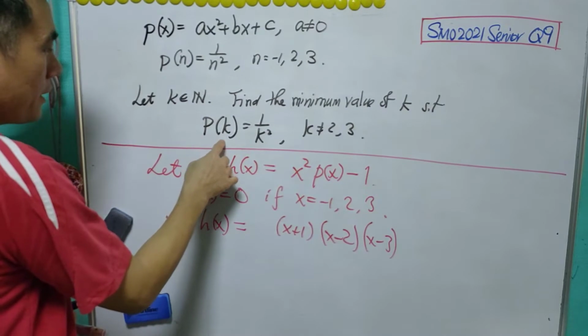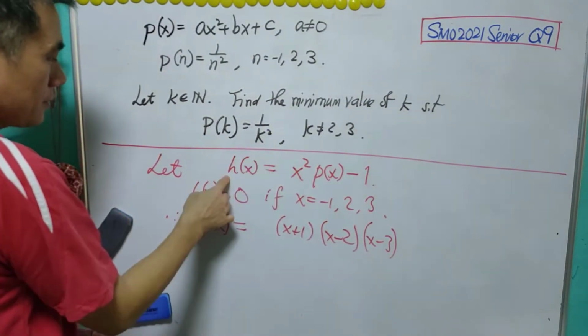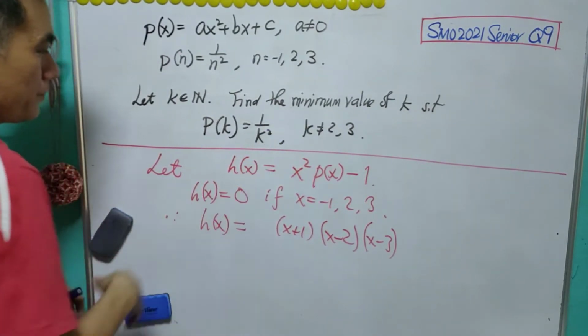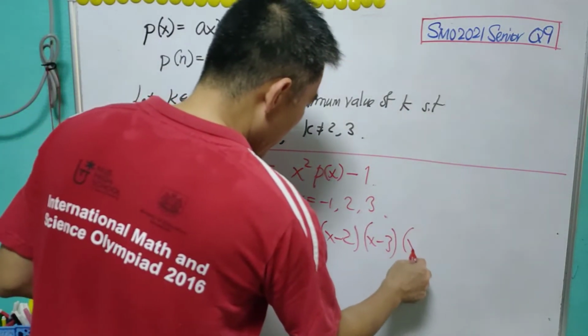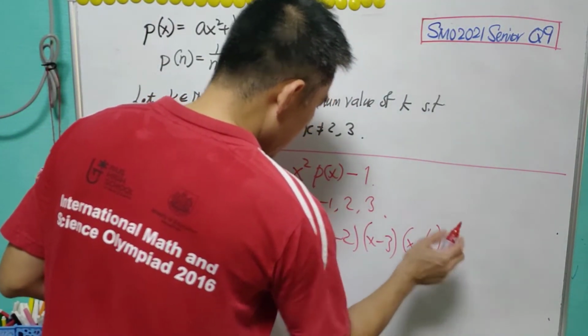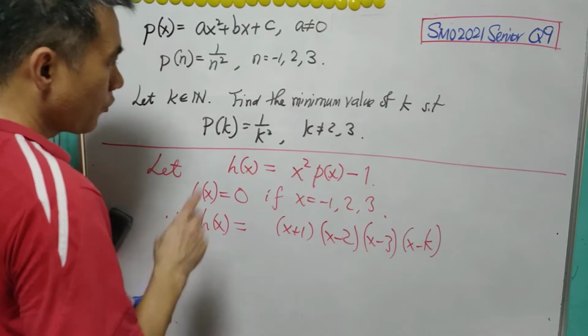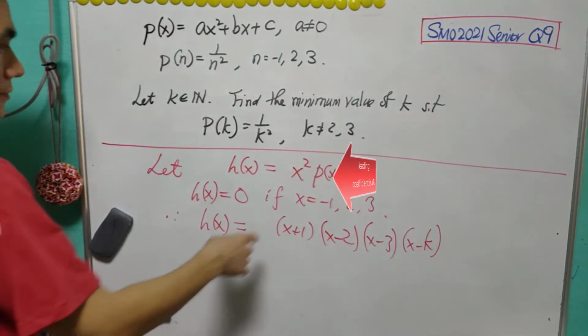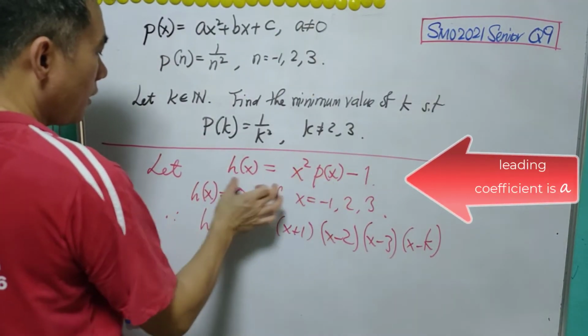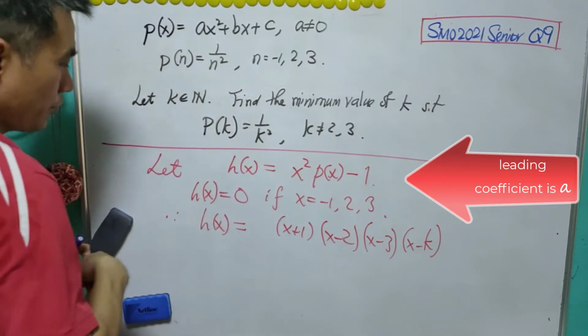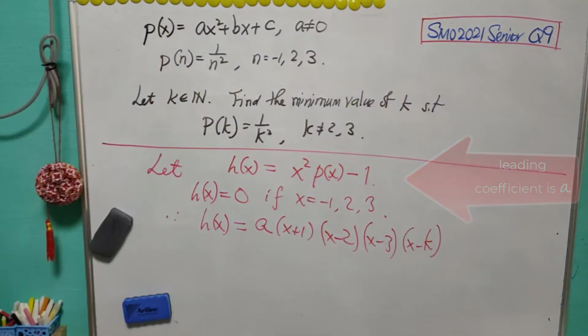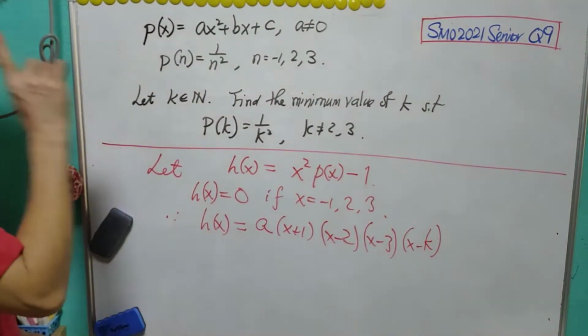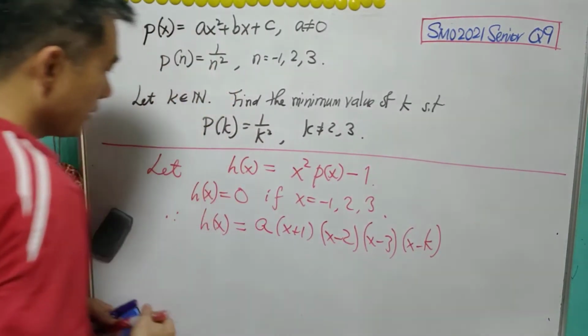Since we know that P(k) also equals 1 over k squared, that means h(k) should be equal to 0. So we will have x minus k as a factor. And one more piece of information that we have here is the leading coefficient of h(x), so that's an a here. With this, our target is to find the value of k.